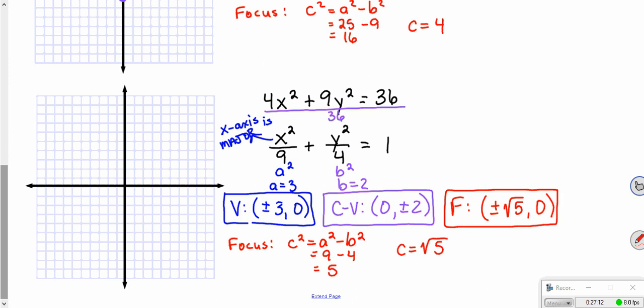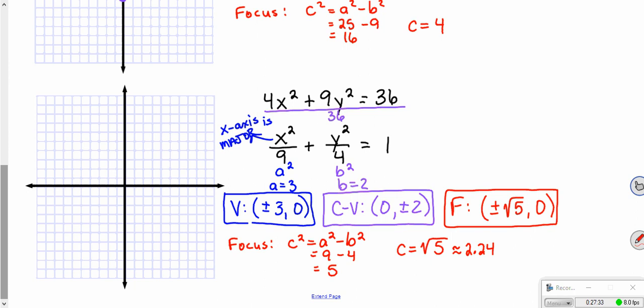I guess I should have been graphing as I found these points. But keep in mind also that the square root of 5 is approximately, well, let me write it down here. It's approximately 2.24. So when you go to graph it, that may give you a little better idea of what it's going to look like on the graph.